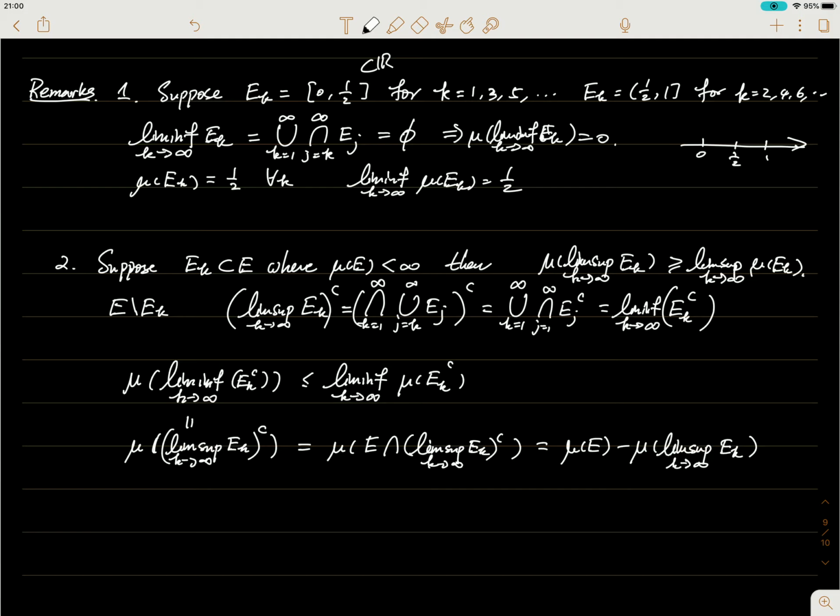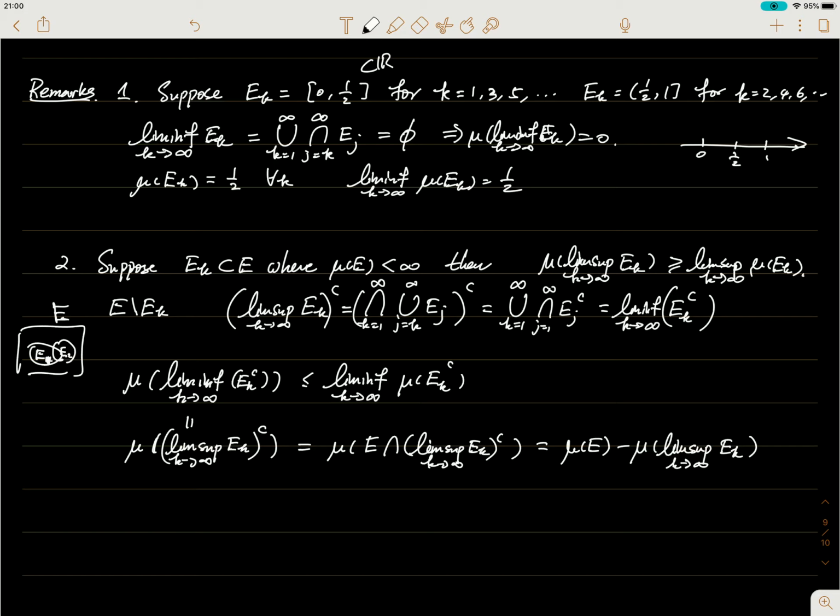Oh, by universe I mean that E is the whole thing, because we're only concerned about these Ek's, which are all included in this E. So this is maybe E1, maybe E2, but they're all in E. So we're just concerned about this E itself. I don't care about what happens outside of E. So that's why we have this.